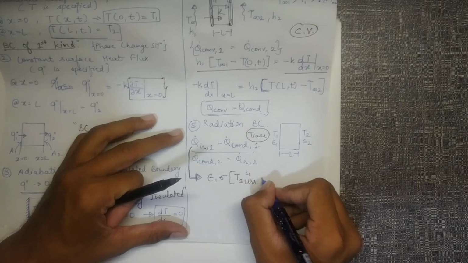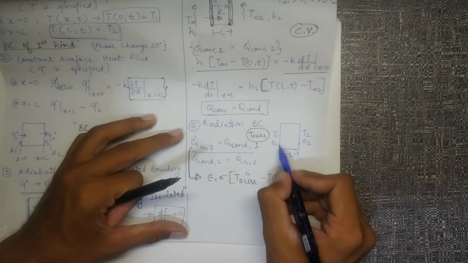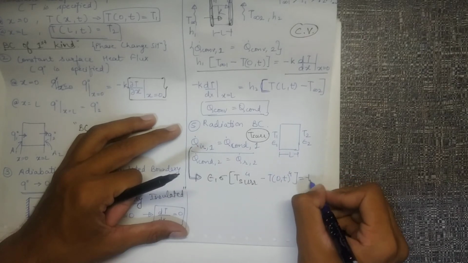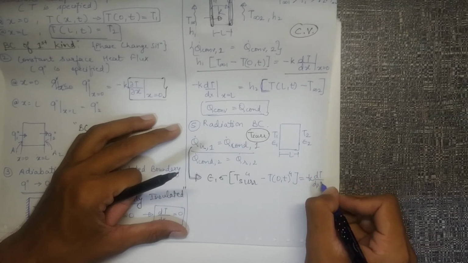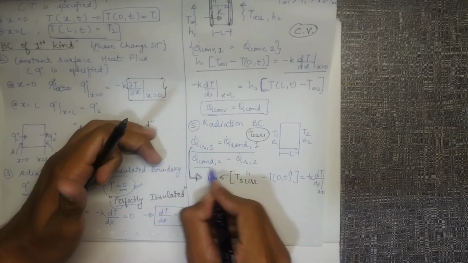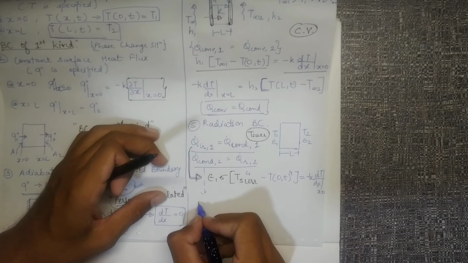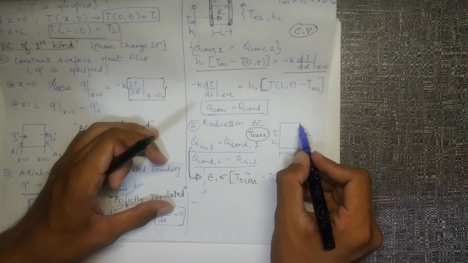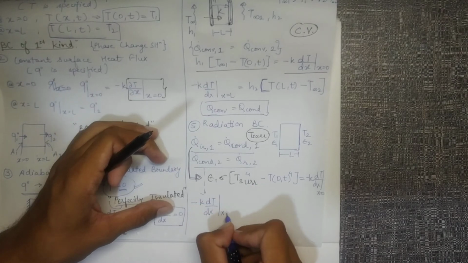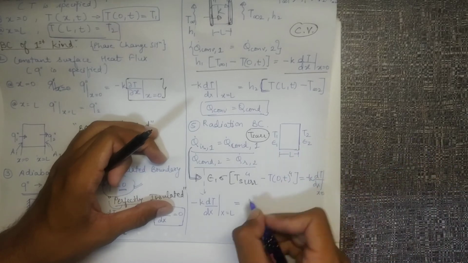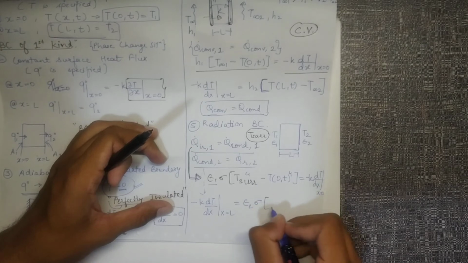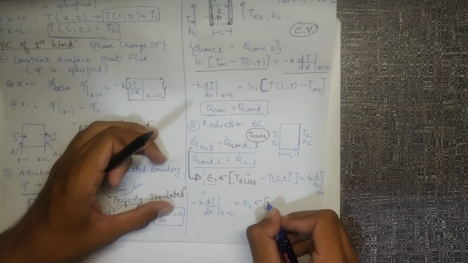So at this location, that is equal to minus k dT/dx at location x equal to 0. And using the second condition, whatever this surface is receiving by conduction, minus k dT/dx at location x equal to L, it should emit that much. So this should be the emission from the right surface.